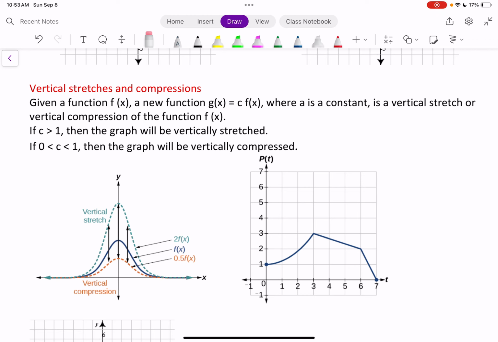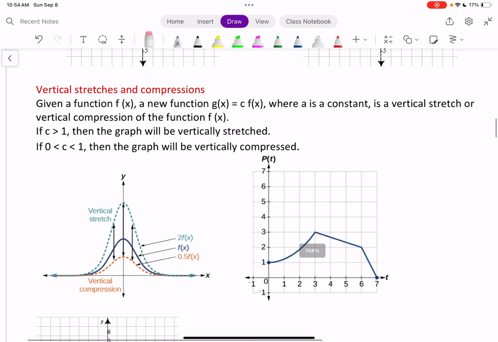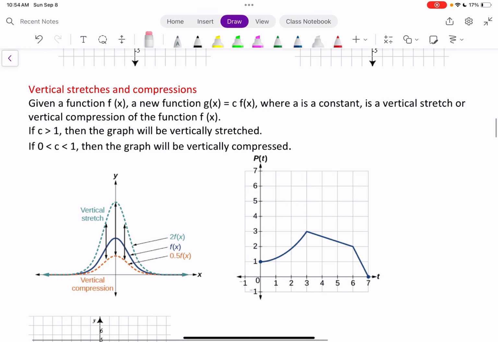So you multiply something to your function, to your y values, is a vertical stretch or a vertical compression of your new function. So if you multiply by a number more than 1, let's say 1.5, 2, 2.3, 7, then the graph will be vertically stretched, so it becomes longer vertically, okay?